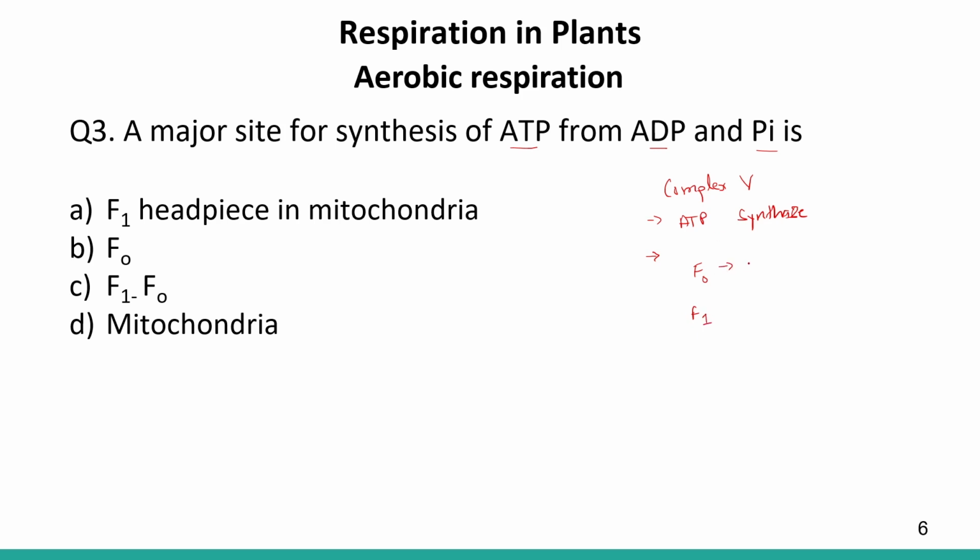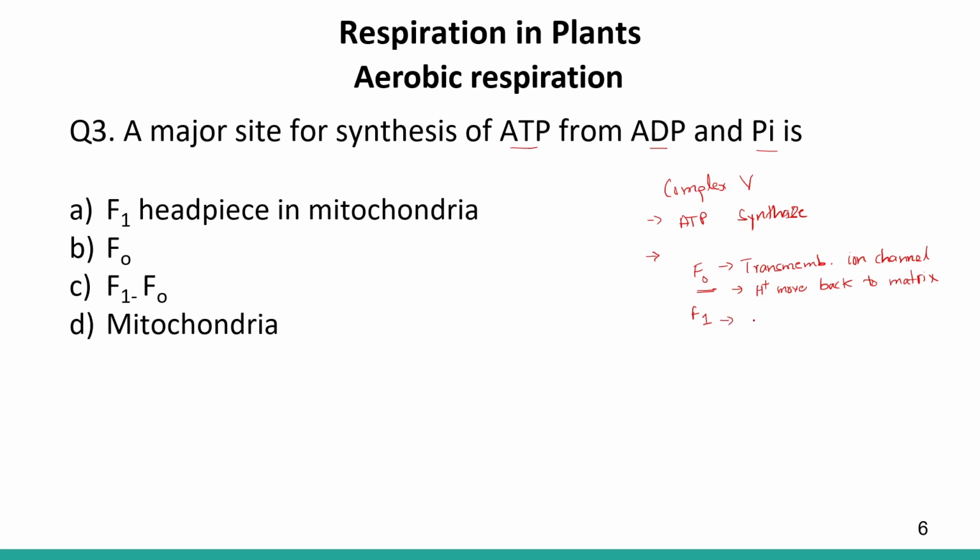F0 acts as a transmembrane ion channel present in the inner mitochondrial membrane. Protons, or hydrogen ions, move back to the matrix from the intermembrane space through this channel, through F0.